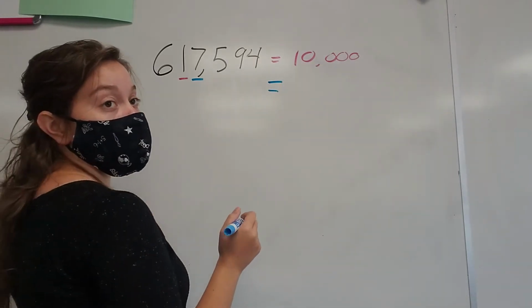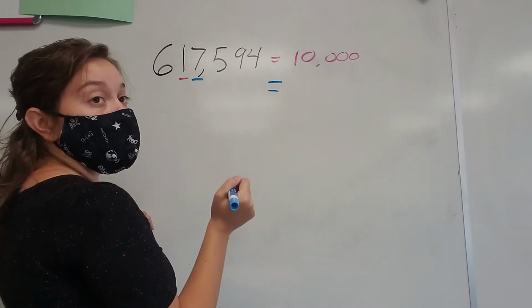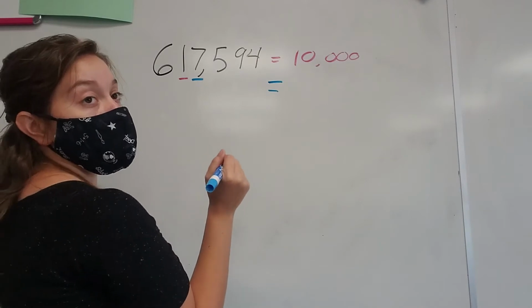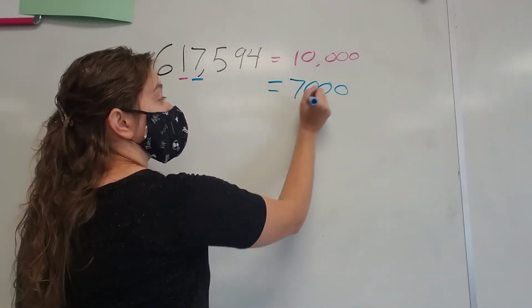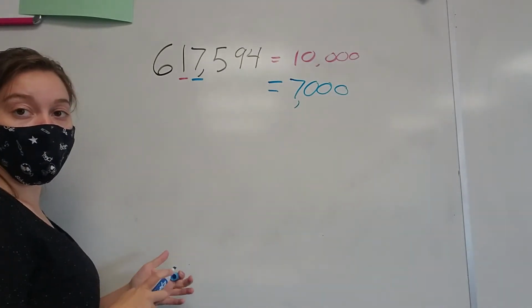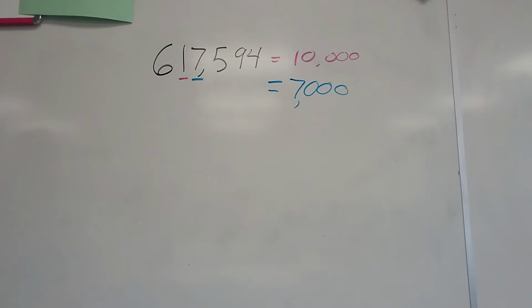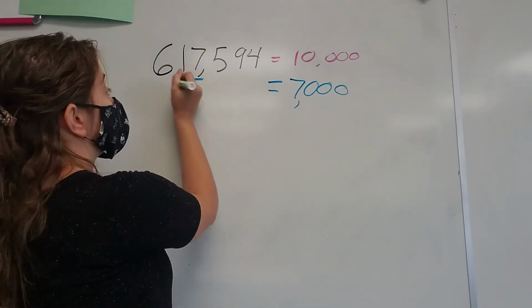Mary? What place is it in? 6,000. So how much is it worth if it's 7? 7,000. 7,000. Good. All right, and then our last one for that number is, they want to know the value of my 6.